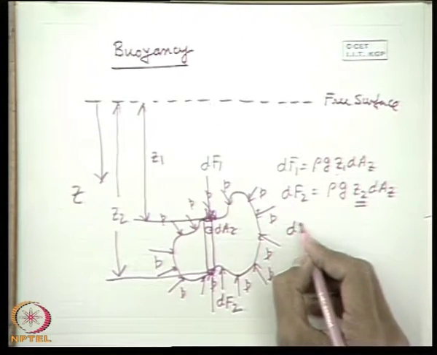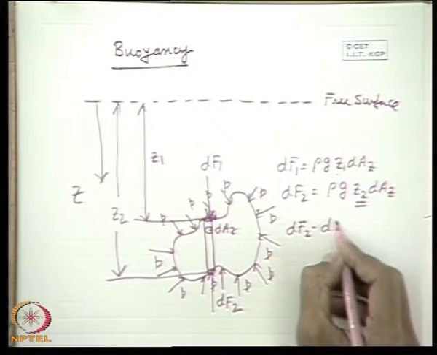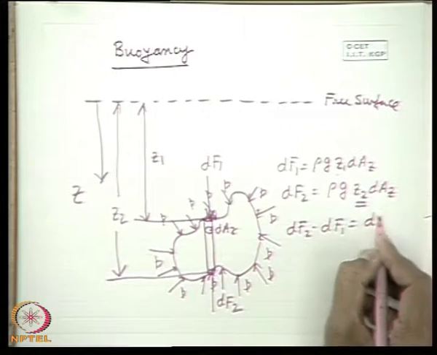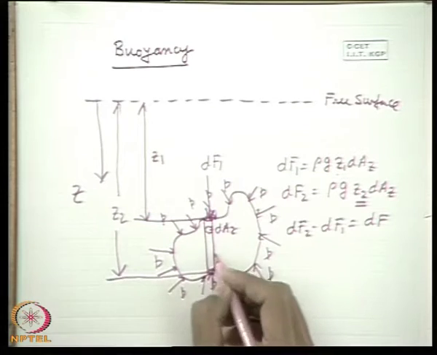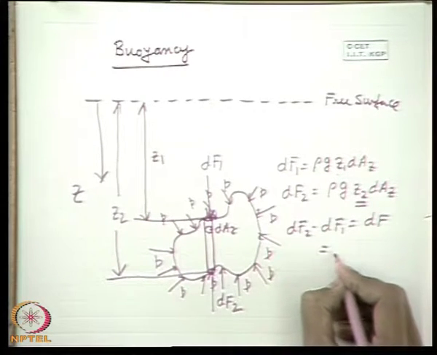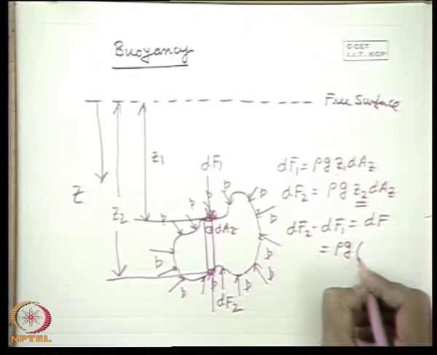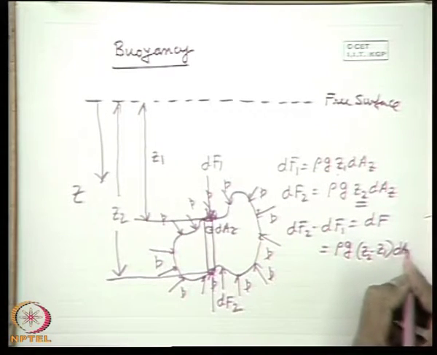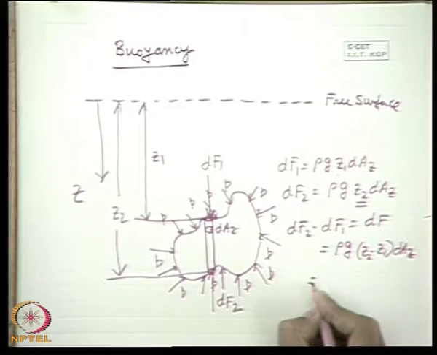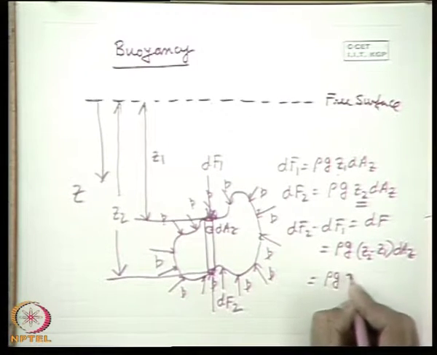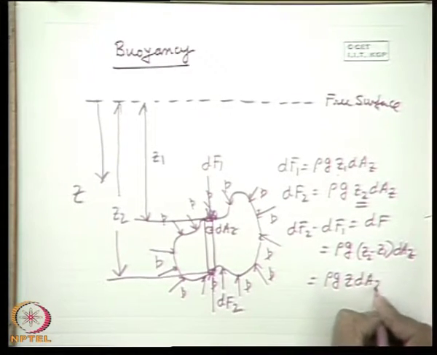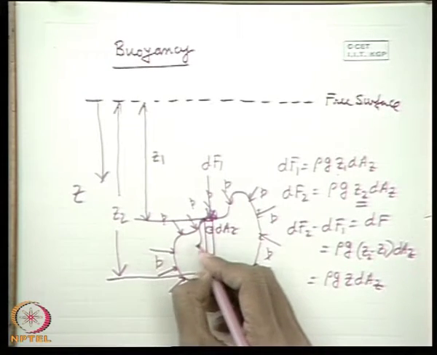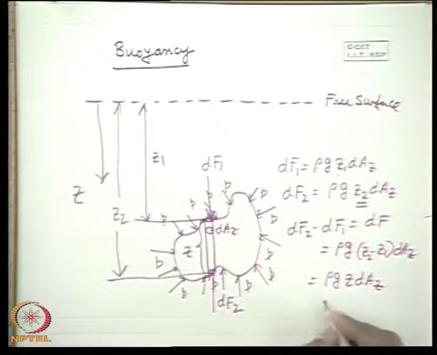Therefore, the net force dF equal to dF2 minus dF1 acting vertically upward on the prismatic fluid is rho g (Z2 minus Z1) into dAz. Now this becomes rho g Z dAz, where Z is the height of the prismatic liquid. That means this is simply rho g dV.